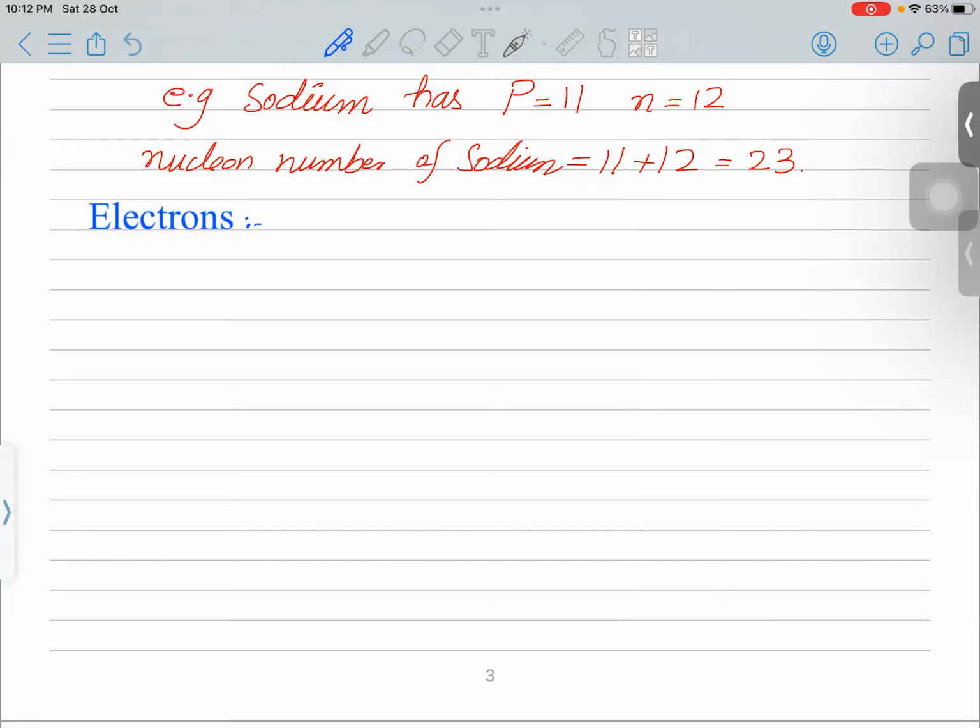Next point: electrons are found outside the nucleus.